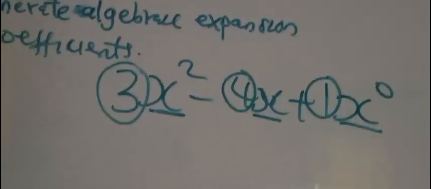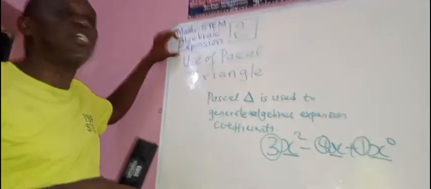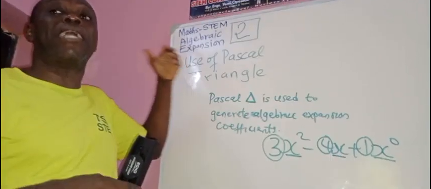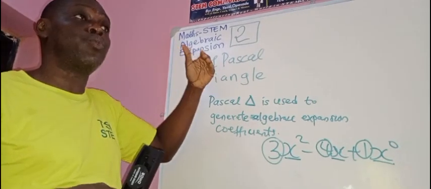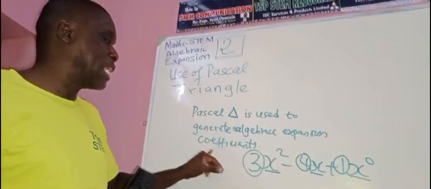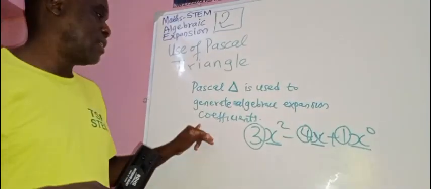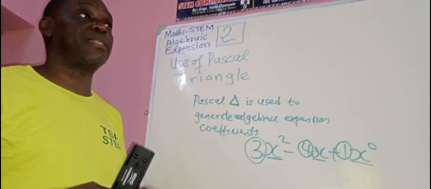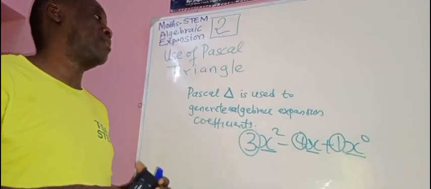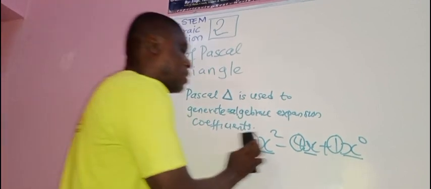So the coefficient is what you have before this. That is okay. So in algebraic expansion with an exponent greater than 2, Pascal triangle helps us to generate the coefficients, either wholly or partially. It can be whole, it can be partial.